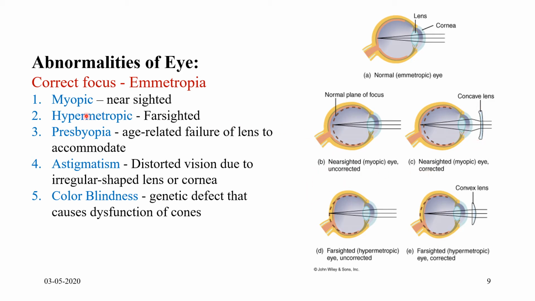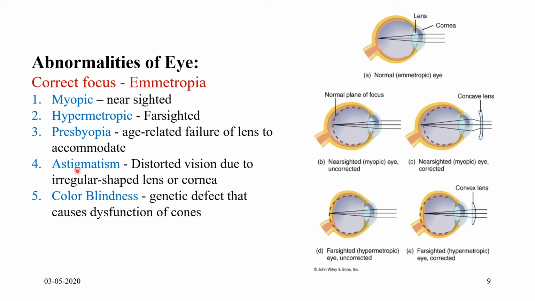Then presbyopia and hypermetropia. We will see hypermetropia, which is far-sightedness, and how the light rays will be focused in them, and how it is corrected by prescribing convex lenses. The other conditions are presbyopia, which is age-related failure of the lens to accommodate to objects.